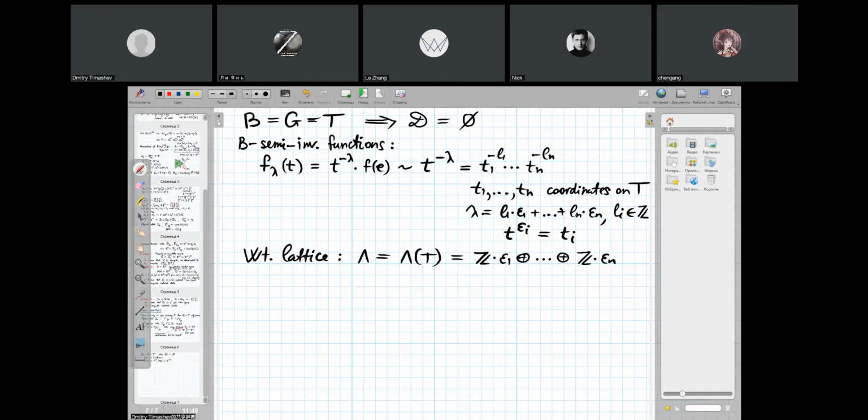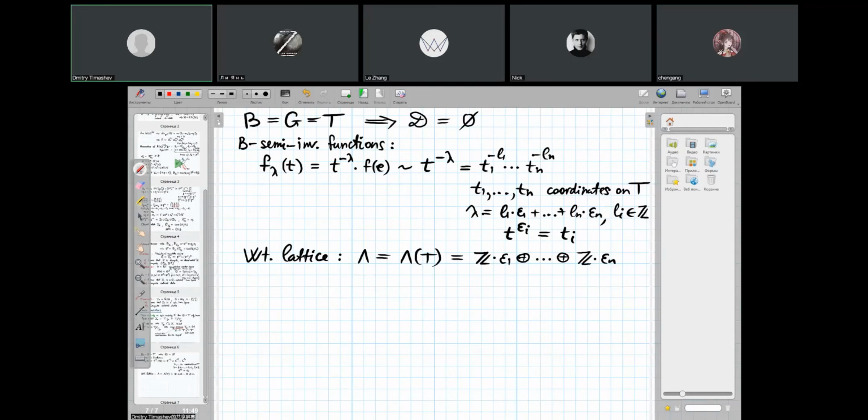So we have computed colors, we have computed the weight lattice. What about the valuation cone? This process gives us B semi-invariant functions for any character lambda, right? This is what I have said. Any character is a B semi-invariant function on a torus.